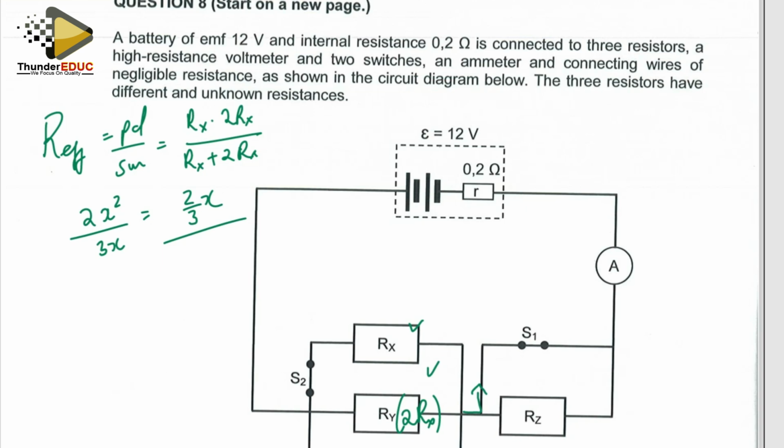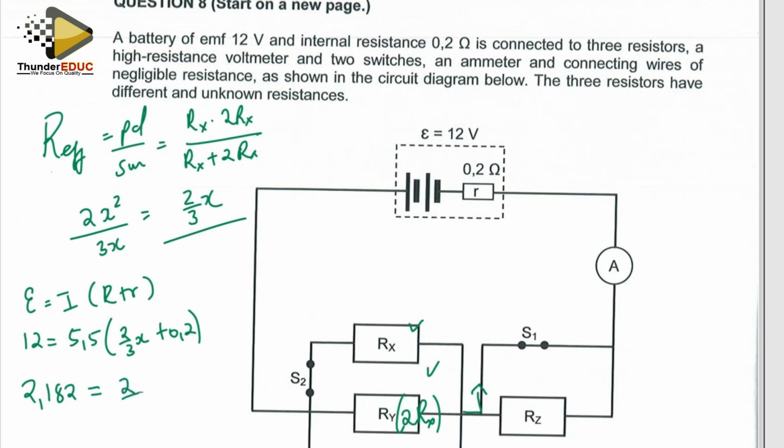Now when I apply the EMF formula, which is I into R plus small r, our EMF is 12 and I is 5,5 into 2 over 3x plus 0,2. Start by dividing both sides by 5,5. So 12 divided by 5,5 gives me 2,18, which is equal to 2 over 3x plus 0,2.